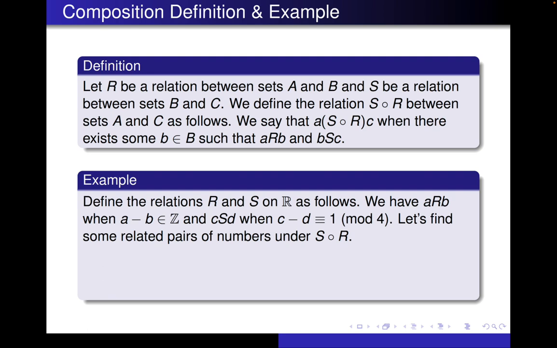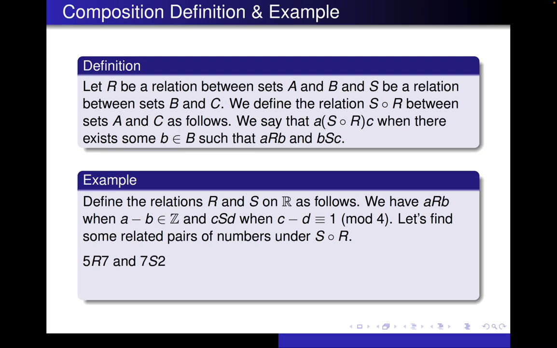So let's find some pairs of numbers that are related under the relation S circle R. We want to start with R, right? R is on the right, S is on the left. That means R comes first, S comes second. So we're going to start with 5. Note that that's related to 7 because when we take 5 minus 7, that is the integer -2. As long as that's an integer, they're related under R. Now I want to find something that's related to 7 under S, which means when I subtract that number from 7, I get something that's congruent to 1 mod 4.